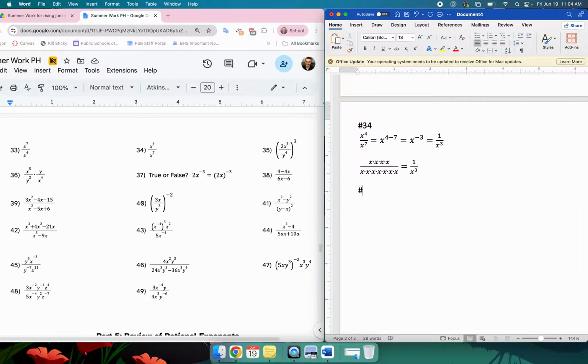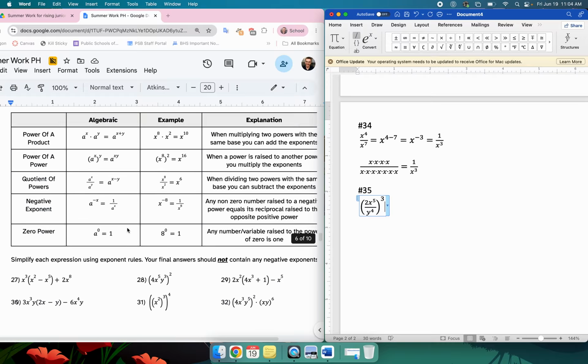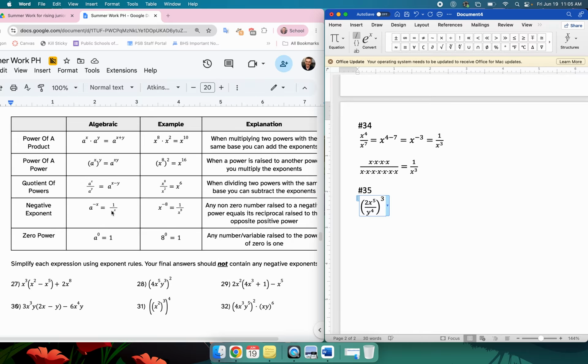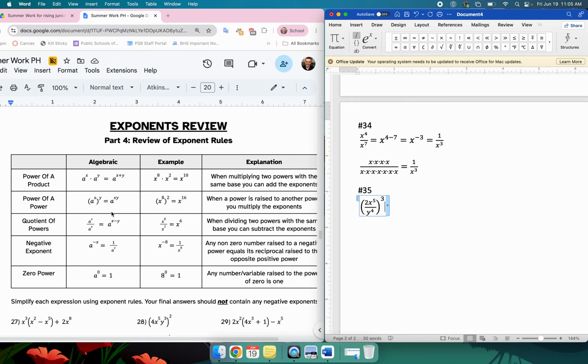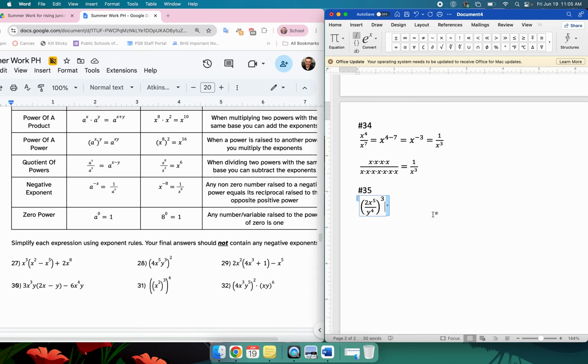Number 35, we have the expression 2x to the 5th over y to the 4th, all raised to the 3rd. I don't see the rule listed here, but there's a rule which says that if you have a over b to the c, then that's a to the c over b to the c.